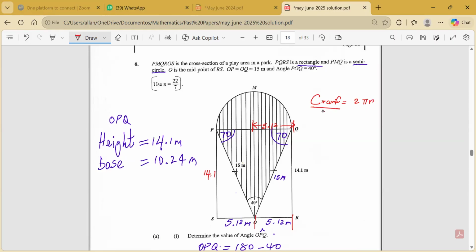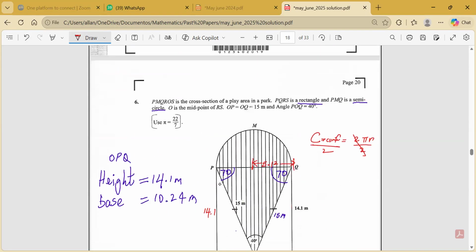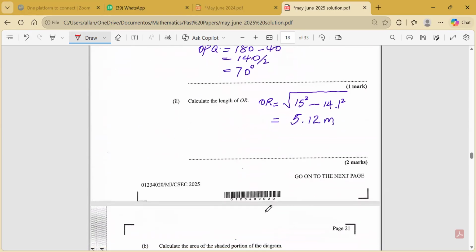So half of it will be 2 pi r divided by 2, half of the circle. Everybody agree with that? Yes, sir. So let's write that. We want to find the length of the arc, and then we'll add the two 14.1s and the 10.24.